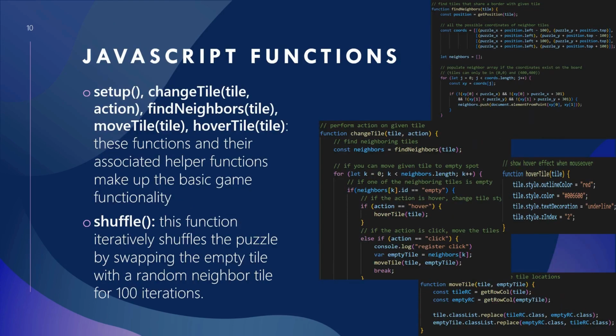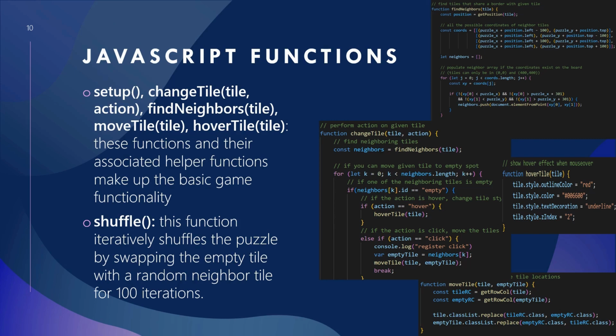There's a few functions that make up the overall JavaScript file. There is setup, change tile, find neighbors, move tile, and hover tile. Change tile will change the tile once it's clicked. Find neighbors will find a tile that shares a border with the given tile.